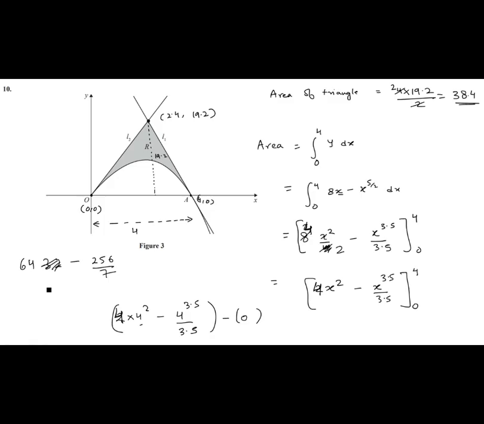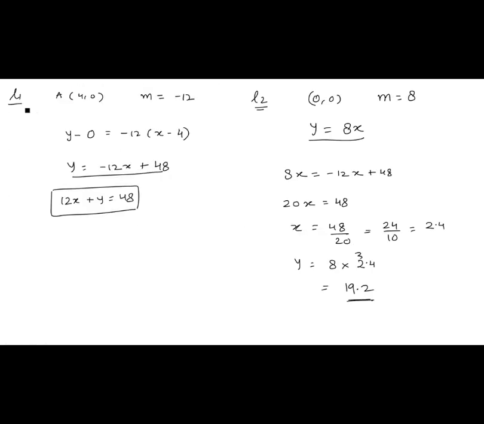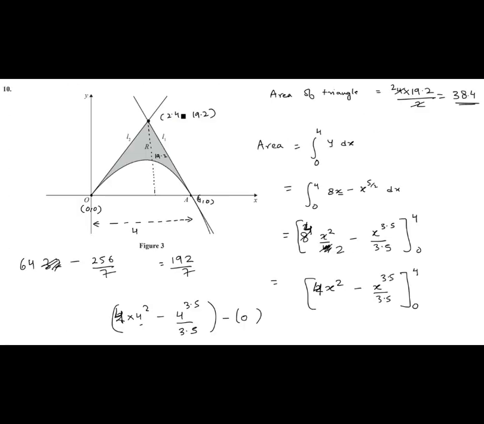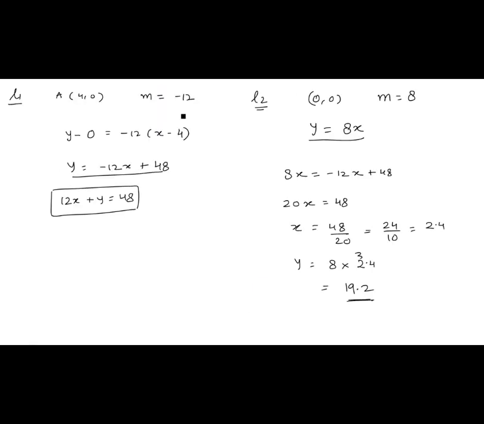Now if we do 64 minus 256 divided by 7, that gives me 192 over 7. So this is the area under the curve. Now the area of the triangle is 38.4. So the area of the shaded region will be 38.4 subtract 192 over 7.